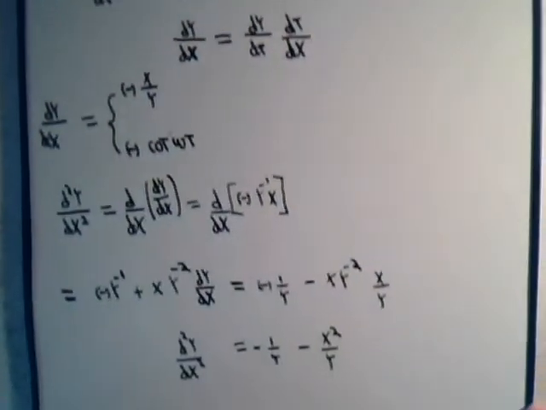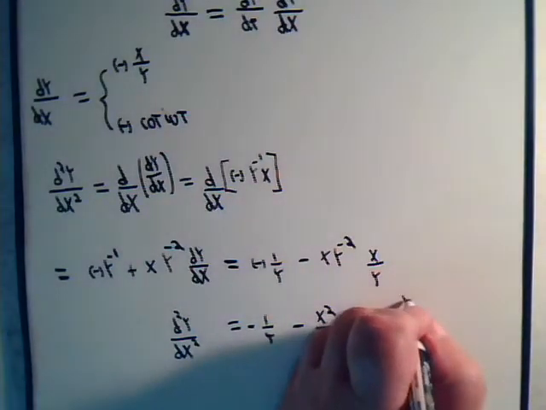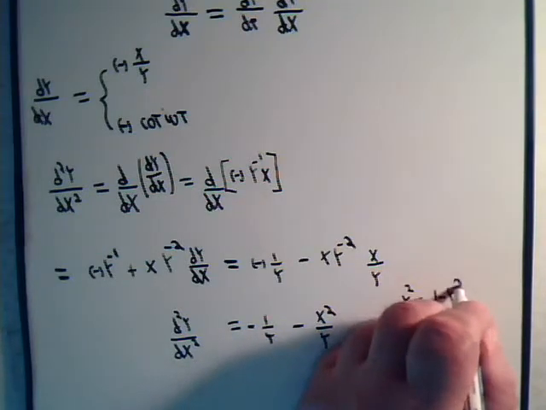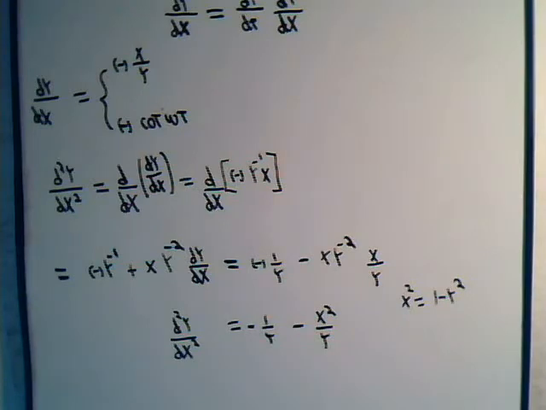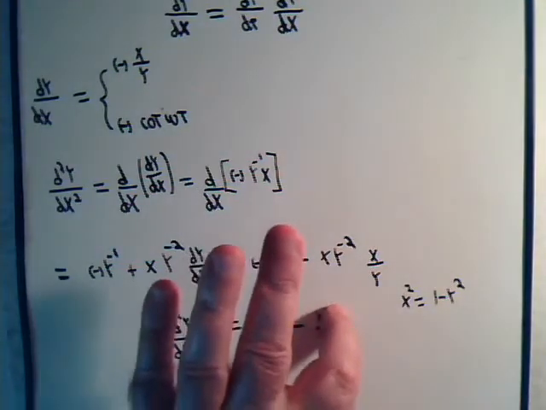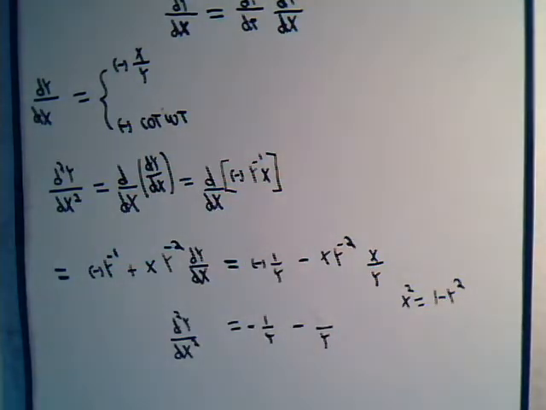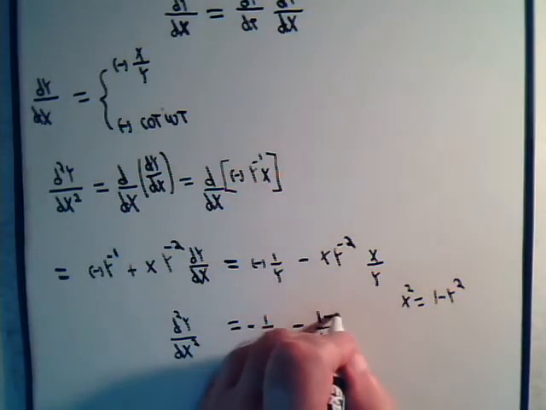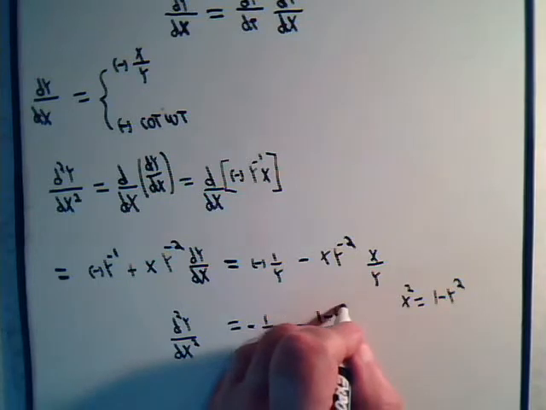So x squared equals 1 minus y squared. So we can substitute that up here. This will equal 1 minus y squared.